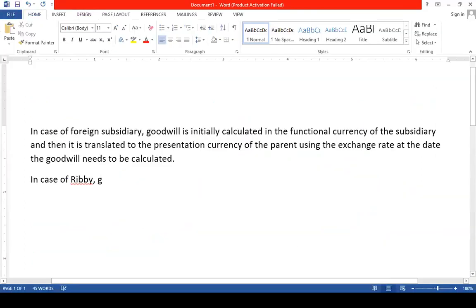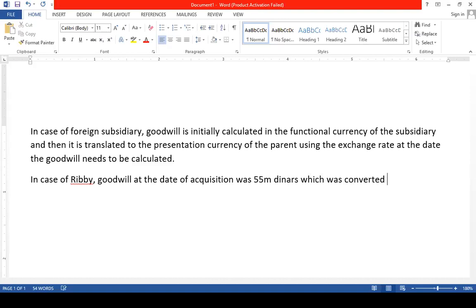In case of Ribi, goodwill at the date of acquisition was 55 million dinars, which was converted at the historical rate to get the goodwill in dollars.